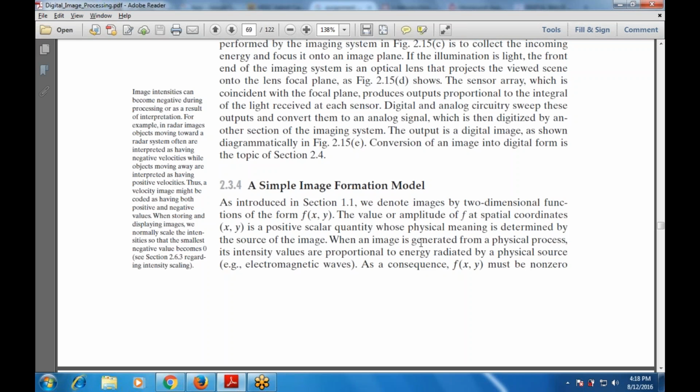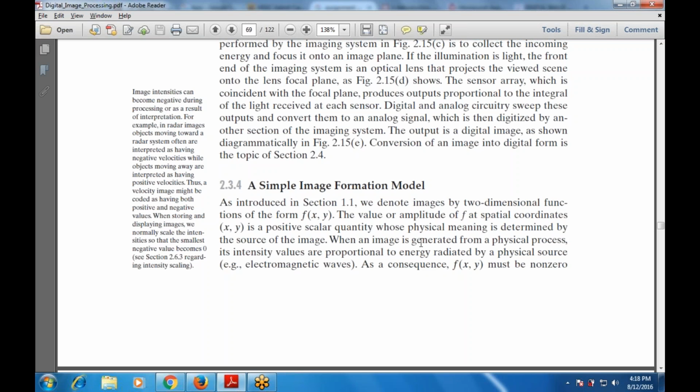And the next one is the simple image formation model, that is, how the simple image will be formed. It is represented in the form f(x,y), and the value or amplitude of f at the coordinates x,y is a positive scalar quantity whose physical meaning is determined by the source of the image.